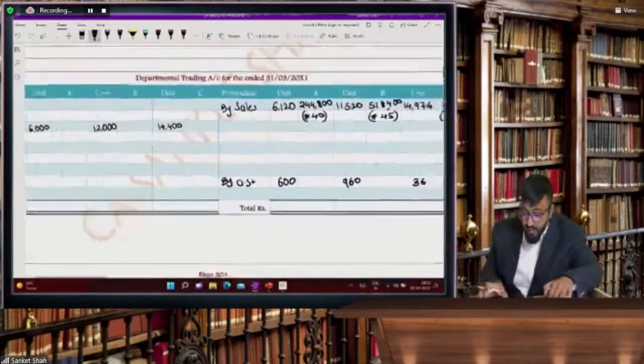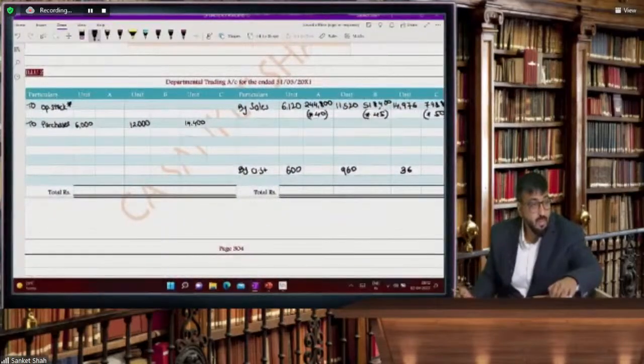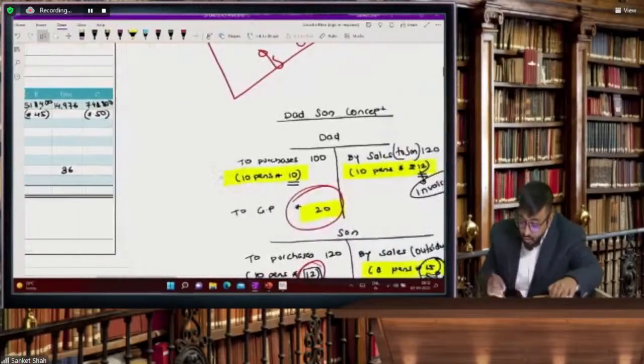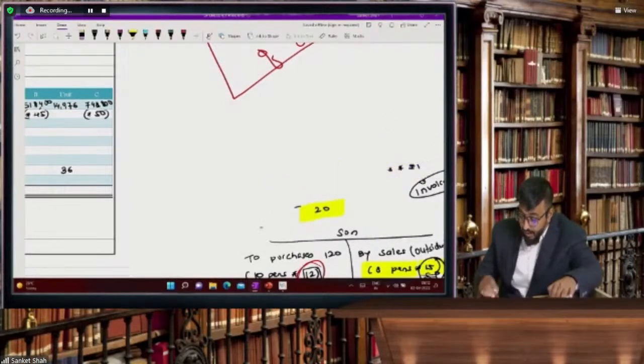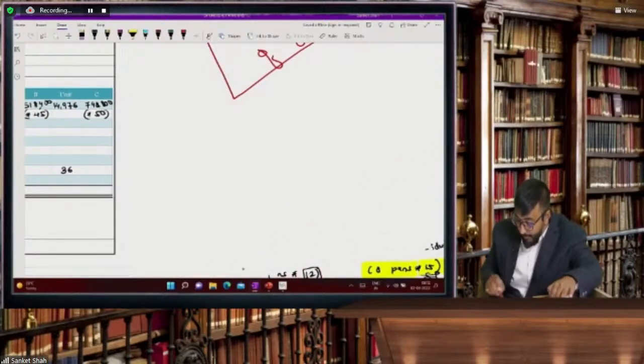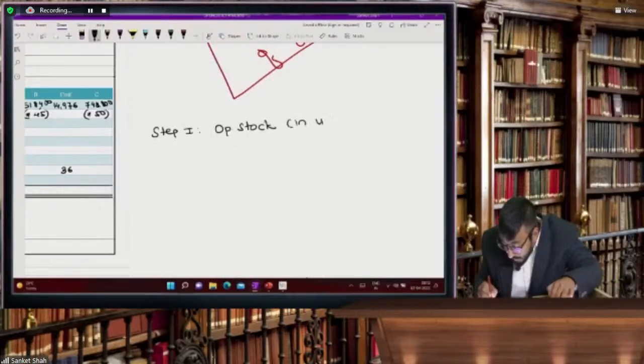See, beta, first I have completed the given information. So now what am I going to write first? Yes, opening stock. Step number 1, opening stock in units.